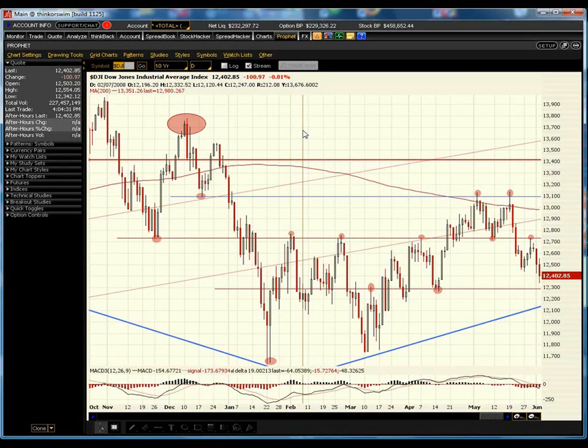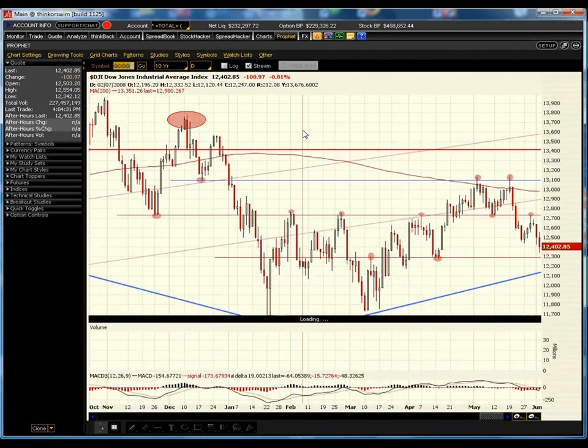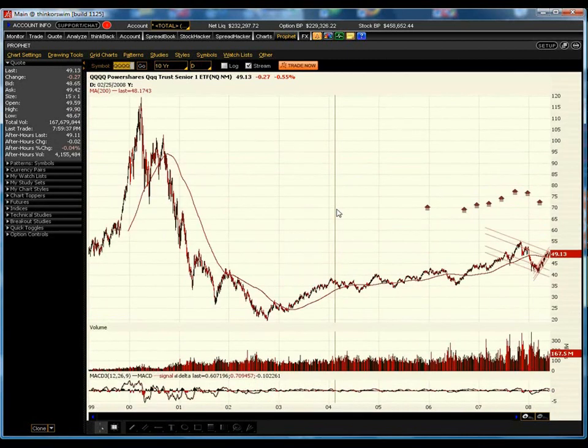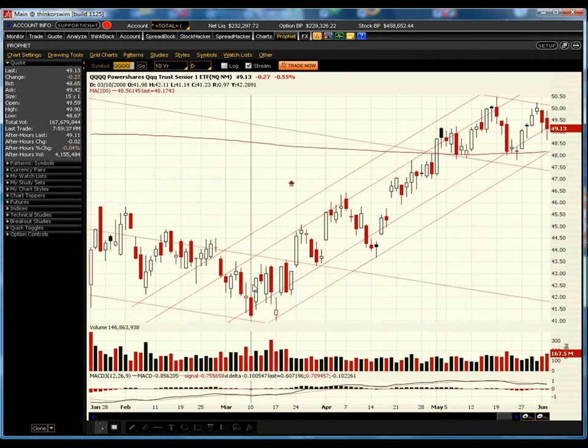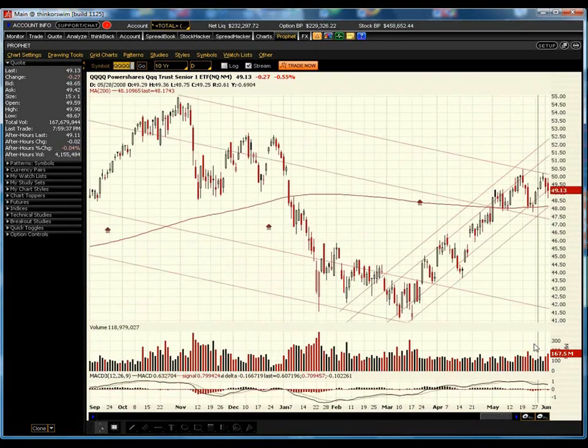I've heard a couple of things like, if you listen to the news very carefully, you have to filter out the baloney from what's real. And they said technology is starting to come around again. Tech stocks are starting to come around again. If you take a look at the QQQs, which is the PowerShares ETF for the NASDAQ 100, you can see that during this recent rally, the prices have run up pretty good.